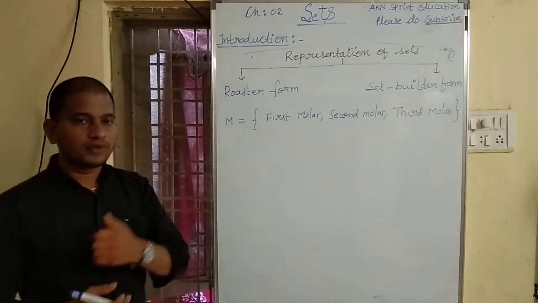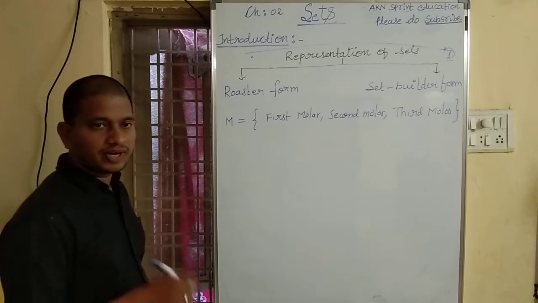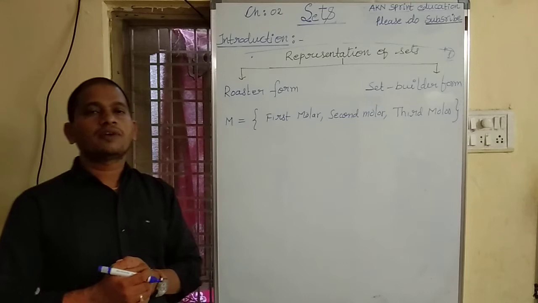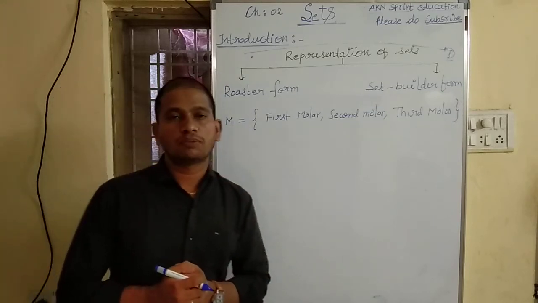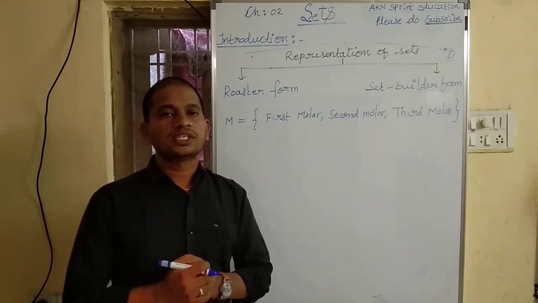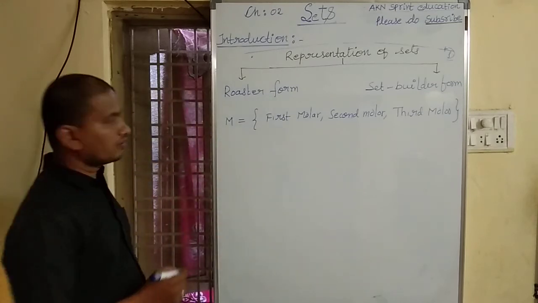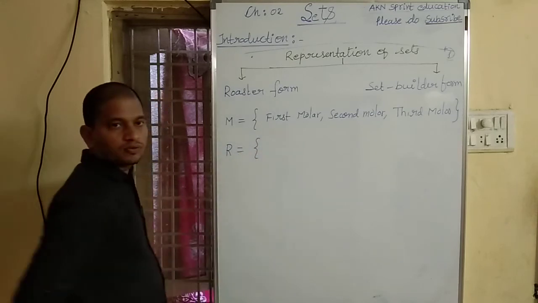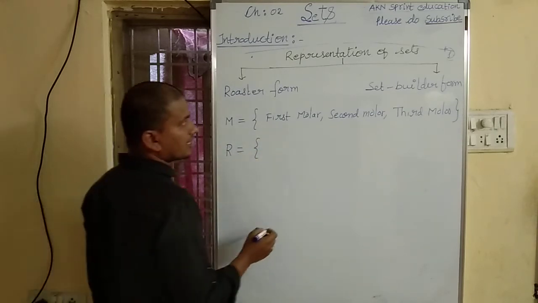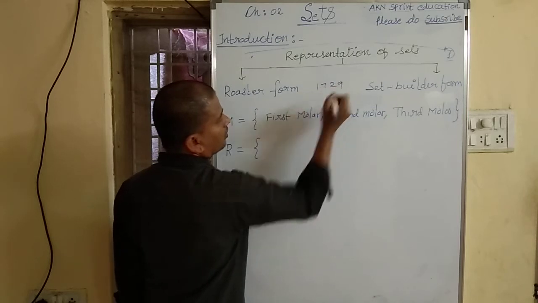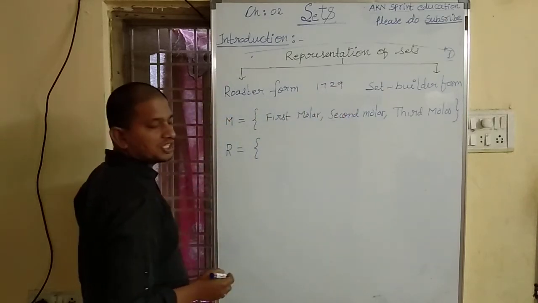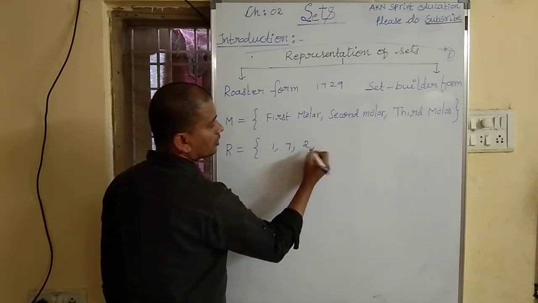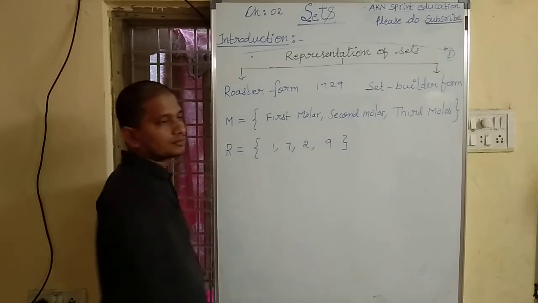For example, one more set: set of digits in the Ramanujan number. Let me represent it with the letter R. What is the Ramanujan number? That is 1729. So what are the digits in the Ramanujan number? 1, 7, 2, 9.